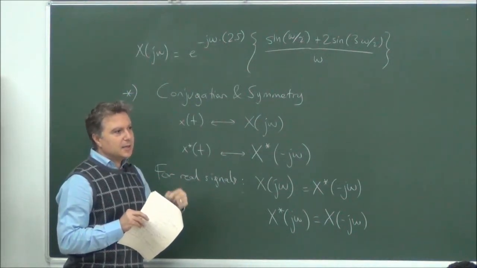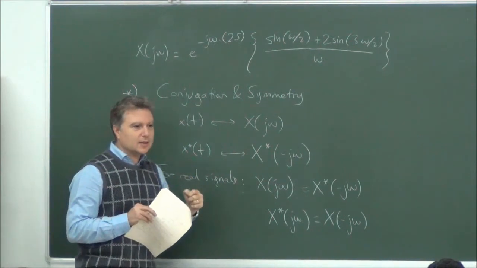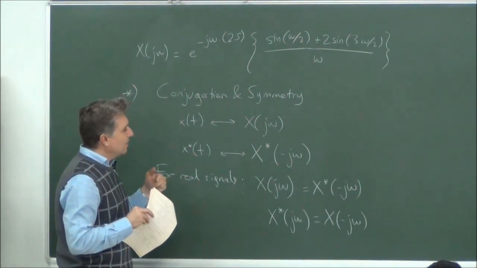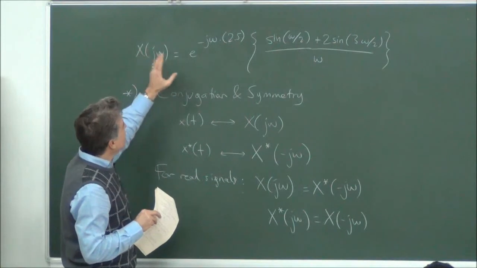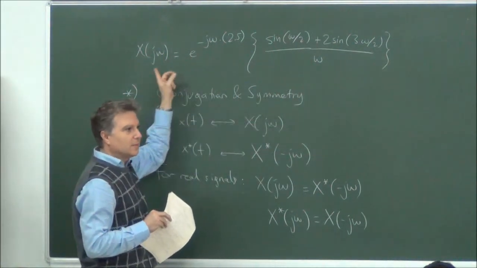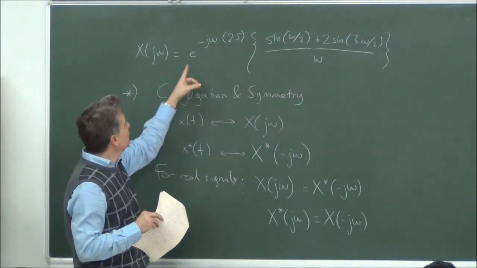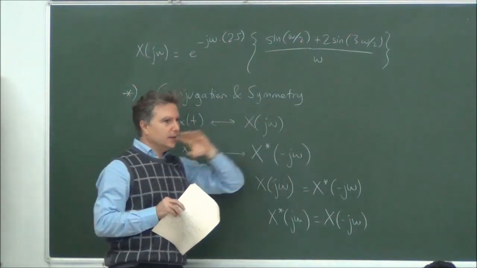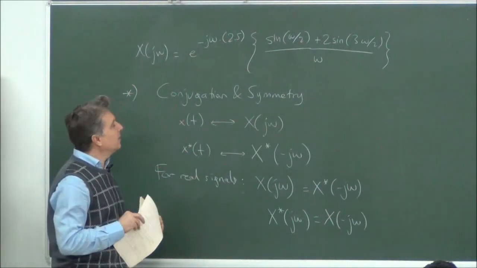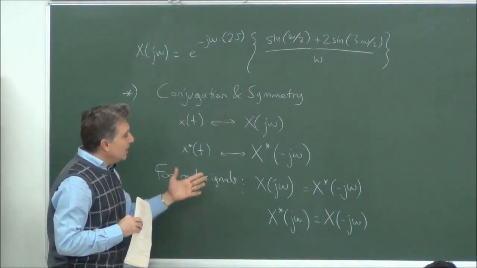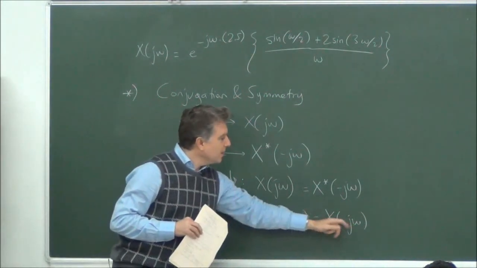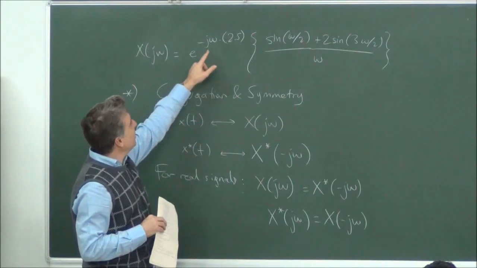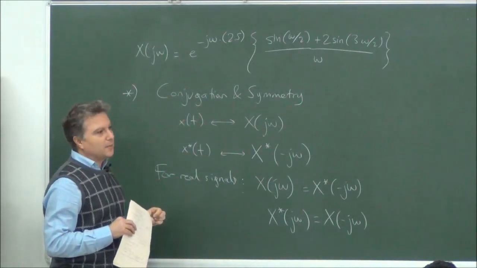For a real signal's Fourier transform, it is always valid that when you take the conjugate of this expression, what is the conjugate of that? It is e to the plus j omega 2.5 times something real. That is the conjugate. And that is the same as replacing omega with a minus omega.